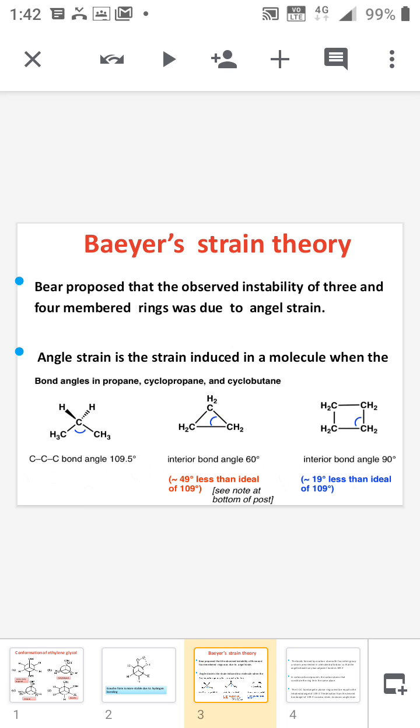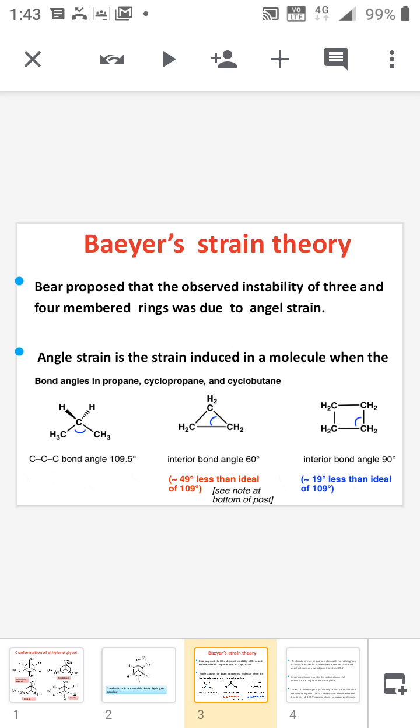If the molecule exists in a tetrahedral geometry, definitely the bond angle must be 109.5 degrees. Baeyer proposed that instability exists in the 3 and 4 membered rings, which is mainly due to angular strain.